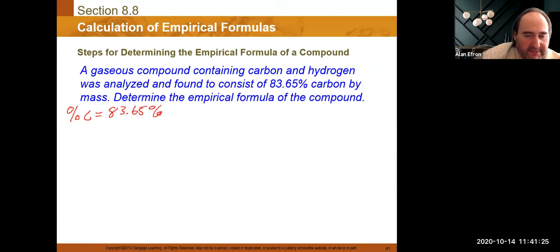They also told us that this compound is made up of only carbon and hydrogen, just those two elements. That means we can find the percentage of hydrogen because it's only made up of those two elements.